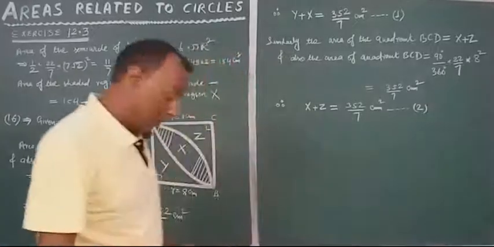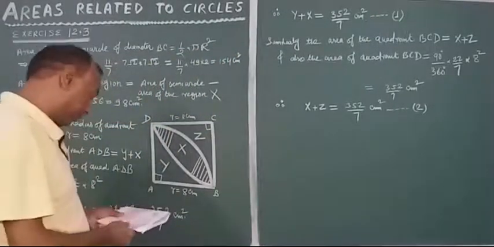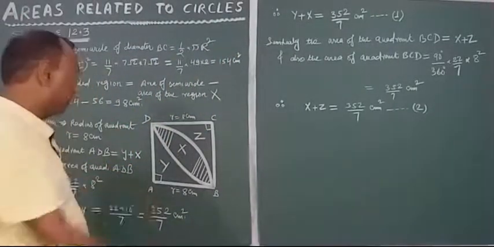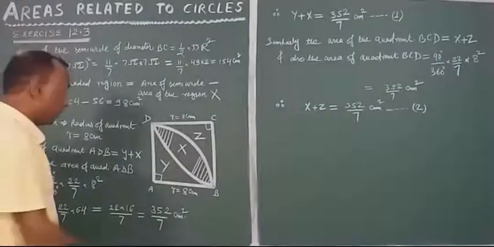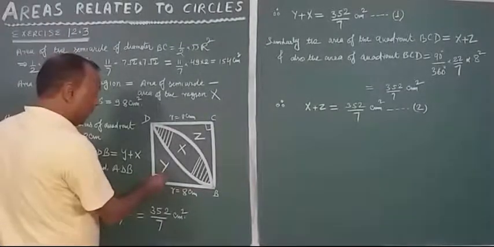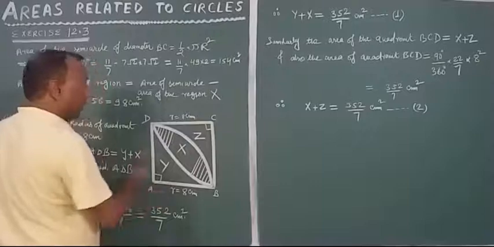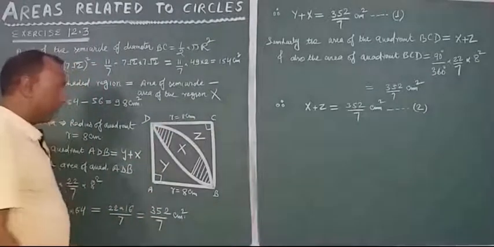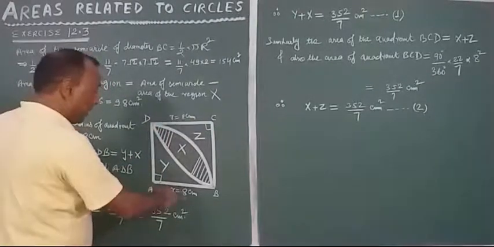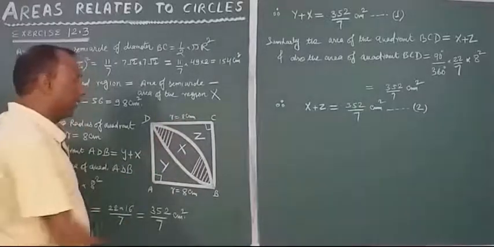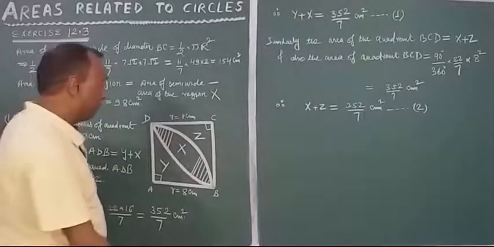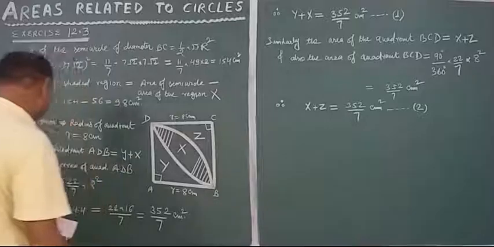Is it okay? Now just look at this figure. This one. This is also the quadrant, 90 degree. It is also 90 degree. Okay. And this is 8 centimeter. This is 8 centimeter. It means this ABCD is what? ABCD is a square.